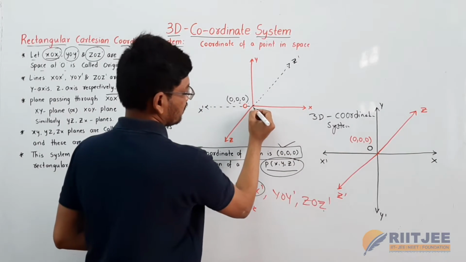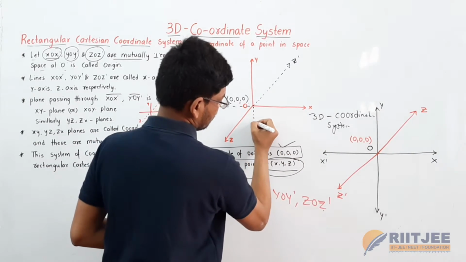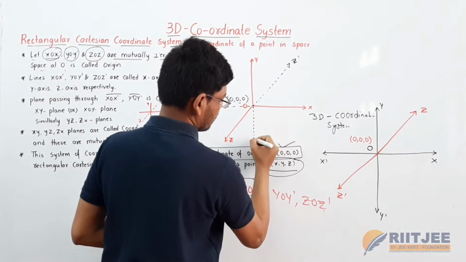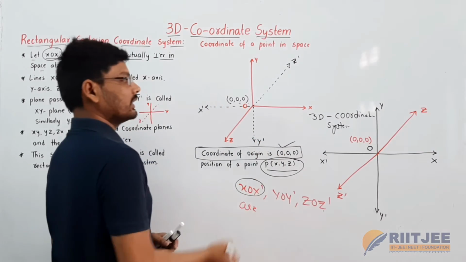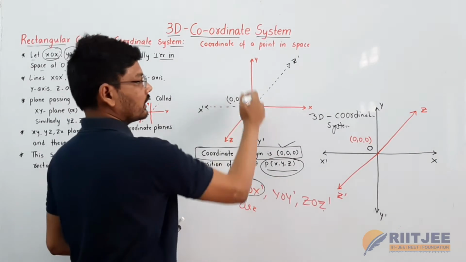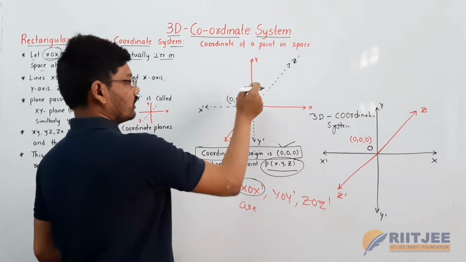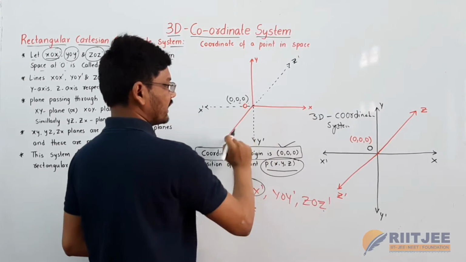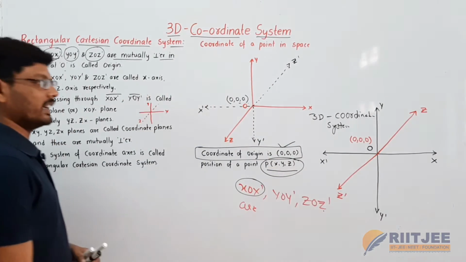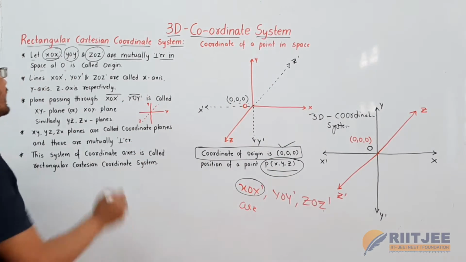Now this is y dash. Here this is the 3D coordinate system, x y z. This is a 3D space here, with X'OX, Y'OY and Z'OZ. This is nothing but the origin here.